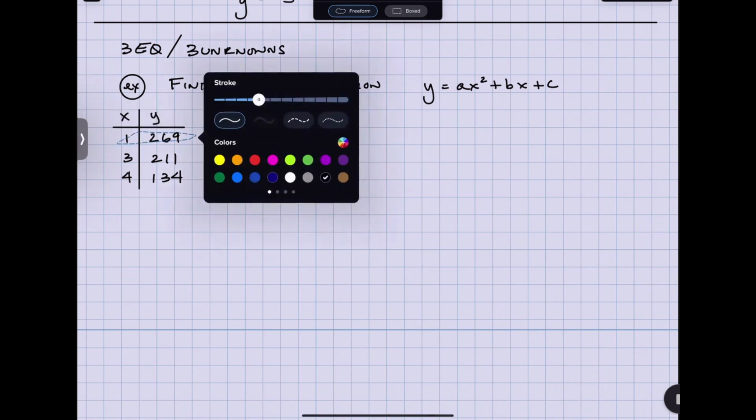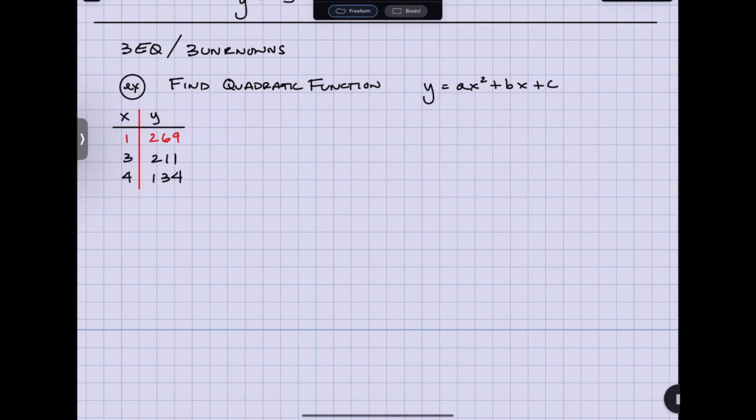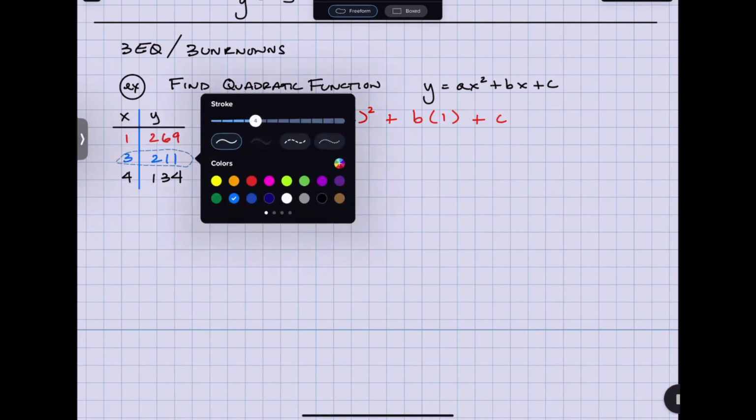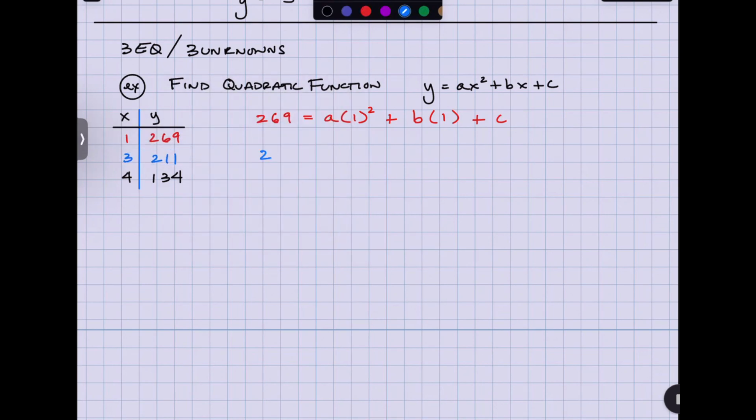Well, since I have an x and y here, what I can do is plug that into the quadratic function. So y is going to equal 269 when x is equal to 1. So a times 1 squared plus b times 1 plus c. And I can do the same thing with the 3 and 211. It's 211 when a times 3 squared plus b times 3 plus c.